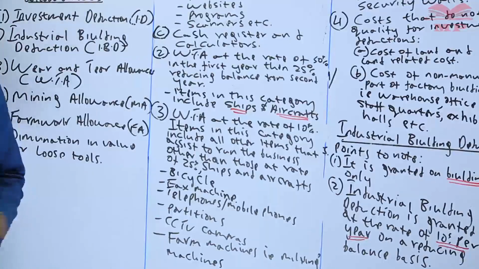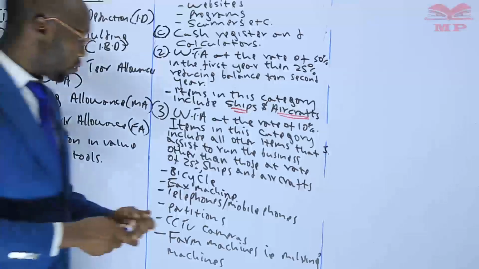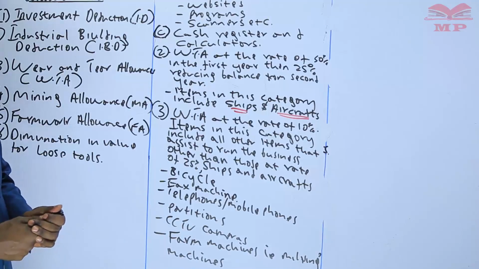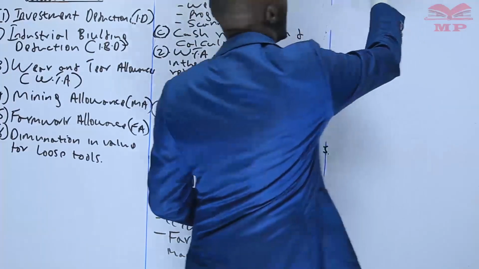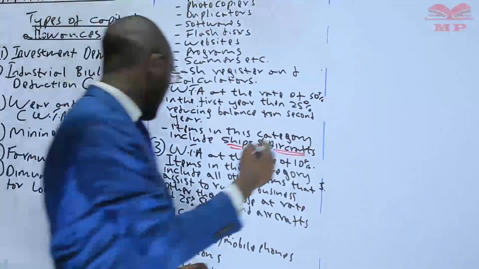We continue with the list. So we continue with the list of the wear and tear allowance items at the rate of 10%. We talked of the milking machine or farm machine.